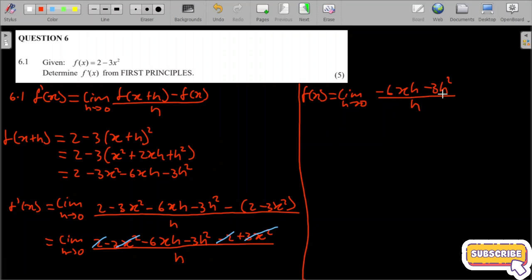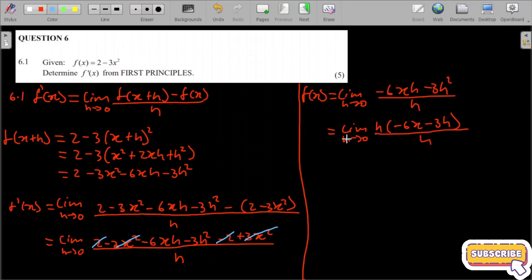Then from here, I have a common factor of what? Of h. Now it equals the limit as h approaches 0. Then common factor of h, and then I'm left with negative 6x minus 3h all over h.